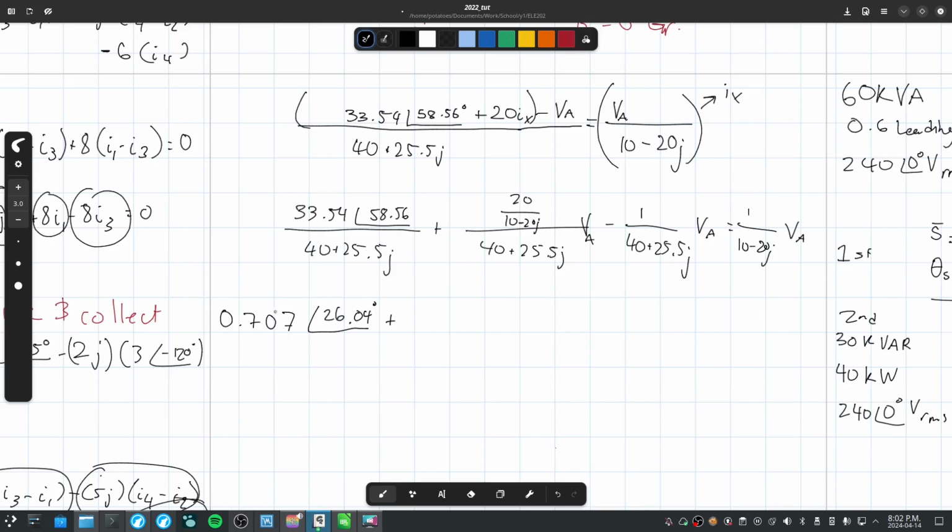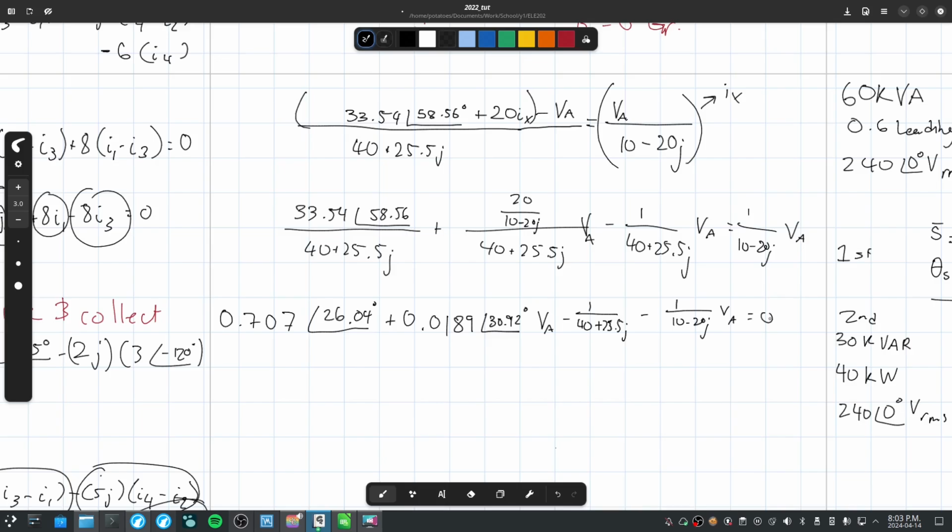In polar format, that is 0.0189 with a phasor of 30.92 degrees VA, minus 1 over 40 plus 25.5j minus 1 over 10 minus 20j VA is equal to 0.